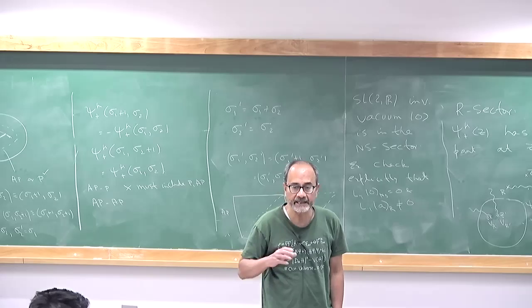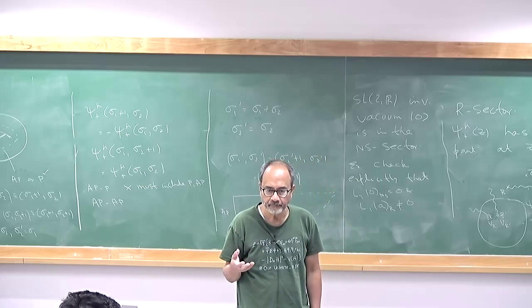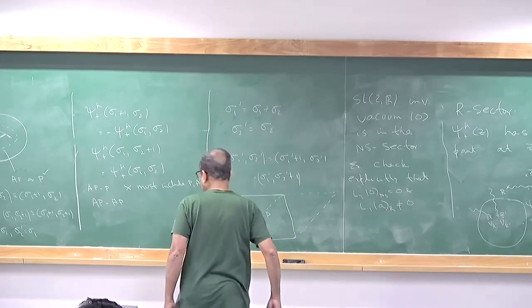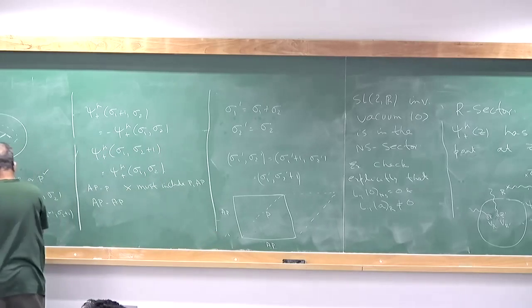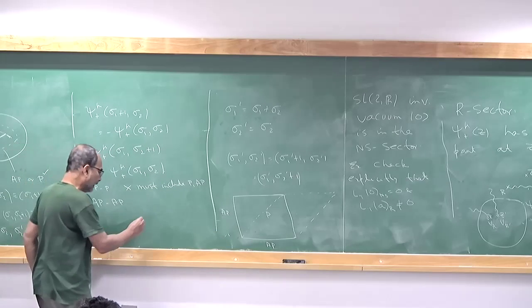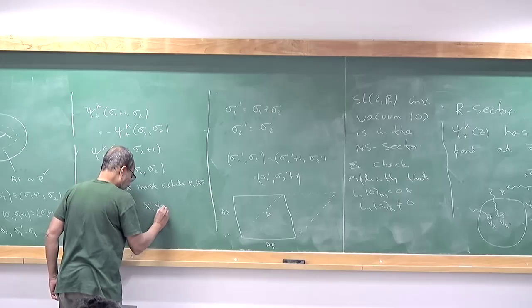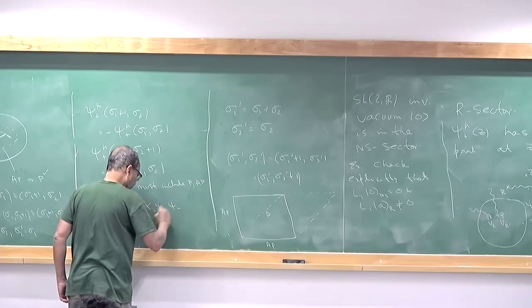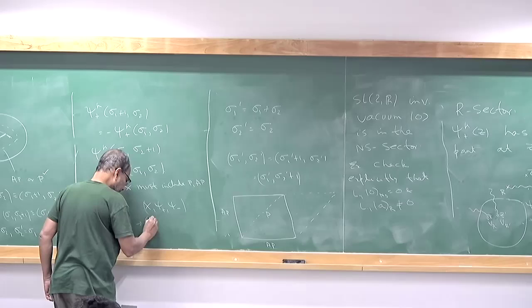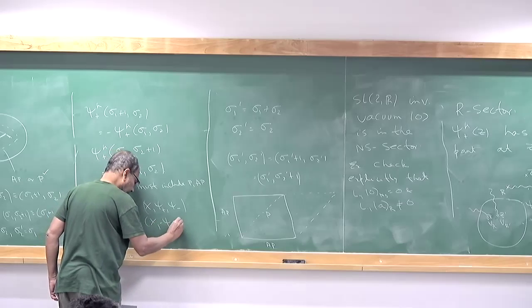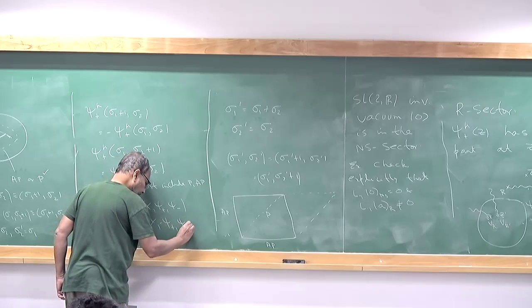Oh, NS and R are kept because of the GSO projection. Because you remember what was the reason for GSO projection? That we identified x, psi plus, psi minus in the field space to x, minus psi plus, psi minus and so on.